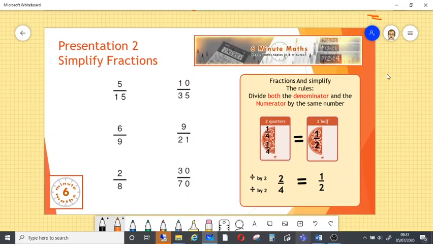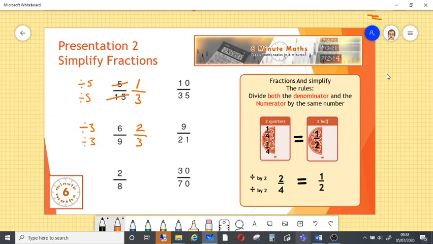So just a reminder of the formula, divide both the denominator and the numerator by the same number. I'm looking at this here, 5 and 15, they're both part of the 5 times table. So if I divide them by 5, 5 divided by 5 is 1, and 15 divided by 5 is 3. 6 over 9, both divide by 3. 6 divided by 3 goes in 2 times, and 9 divided by 3 goes in 3 times.